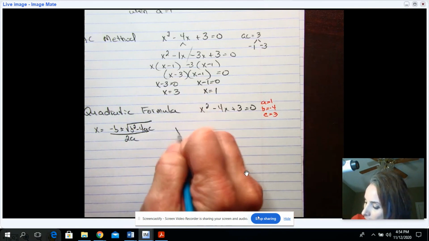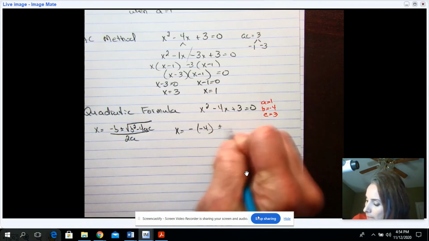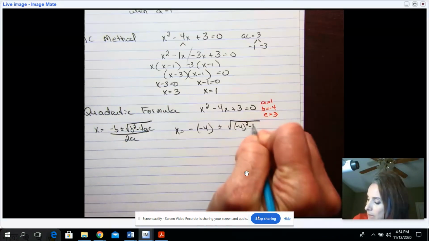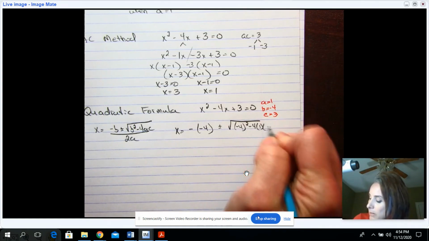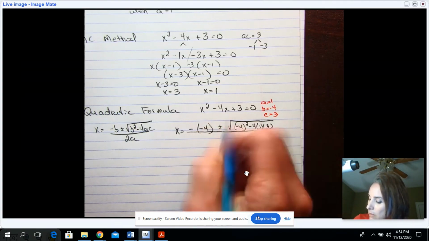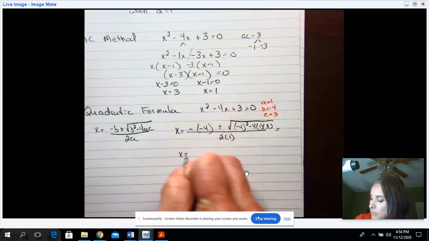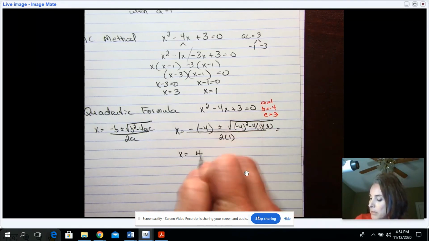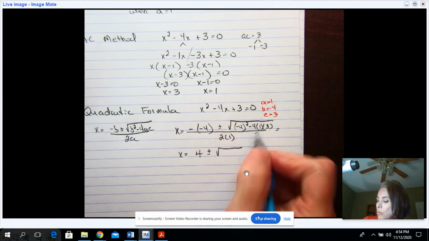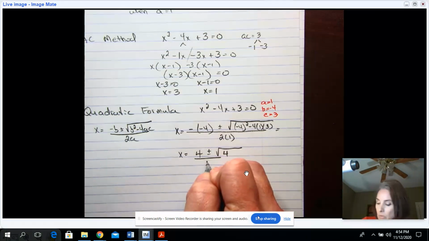So you get x equals the opposite of negative 4 plus or minus the square root of negative 4 quantity squared minus 4 times a, which is 1, times c, which is 3, all that divided by 2 times a, which is 1. And then that simplifies to positive 4 plus or minus the square root of 16 minus 12, which is 4, divided by 2.